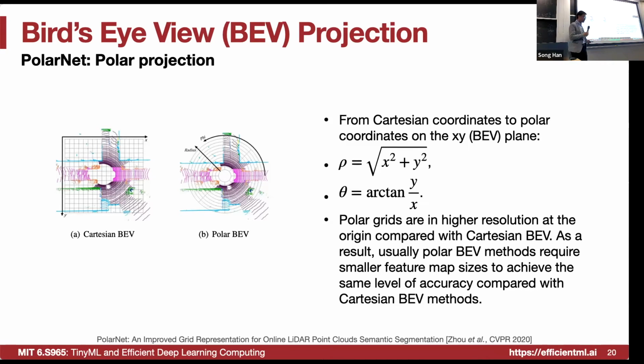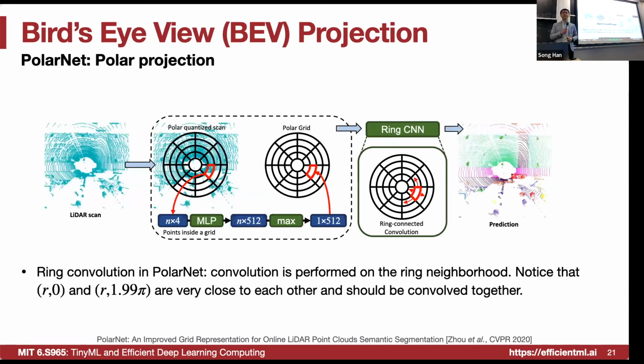So what's the difference here? The neighbors. If you rotate by 360 degrees, angle 0 and 2 pi are actually neighbors. So when doing convolution, we have to do proper padding so that we acknowledge that 0 and 2 pi are neighbors. When running convolution, they should be convolved together. So this is the polar projection.